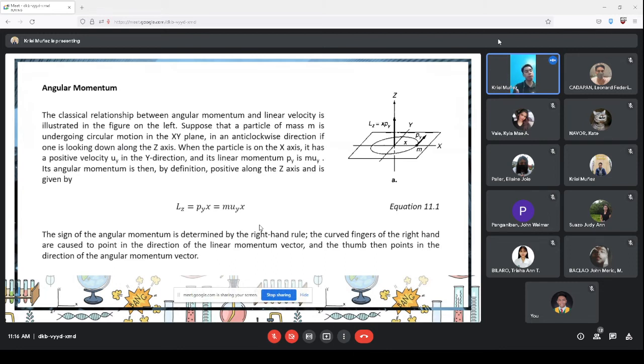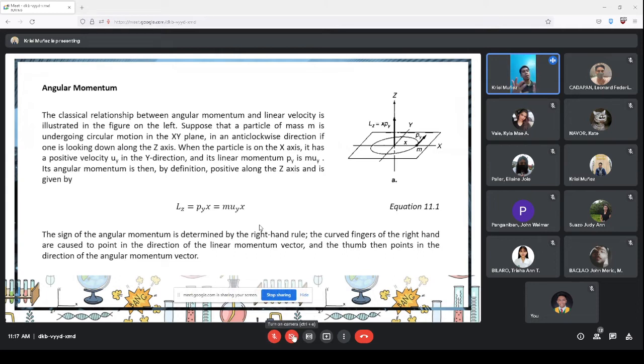This is only applicable, class, for the direction of the angular momentum. Can you still hear me? Nobody is opening the camera. I suppose you cannot hear me. Or is it because of the internet that I cannot see you? Or are you already asleep?